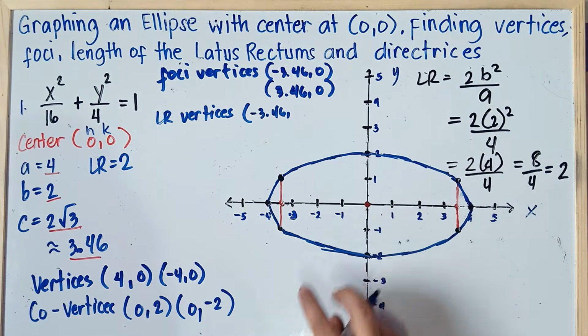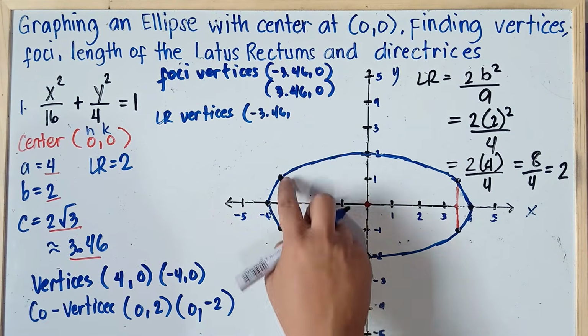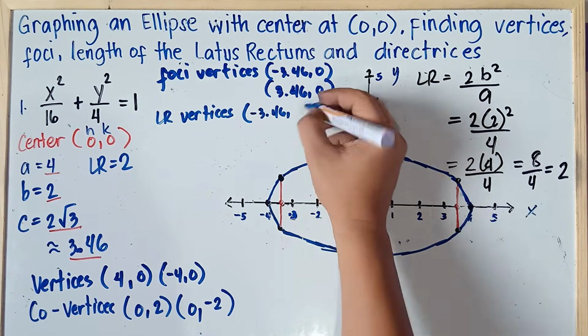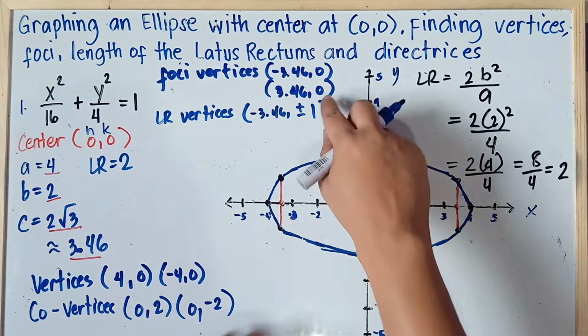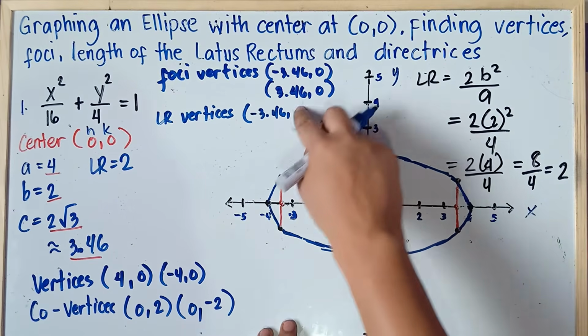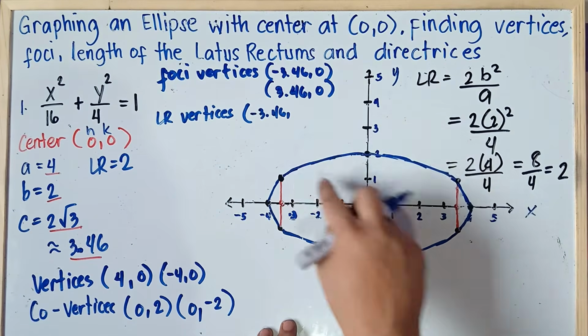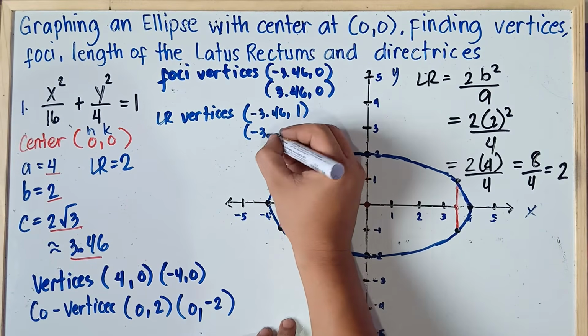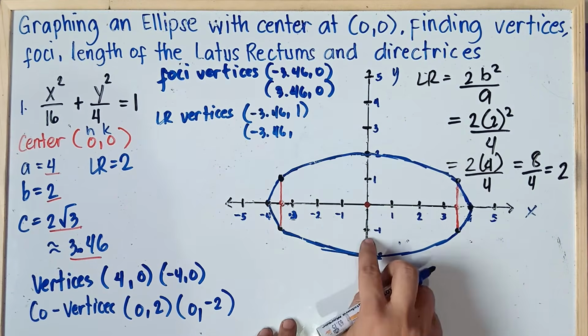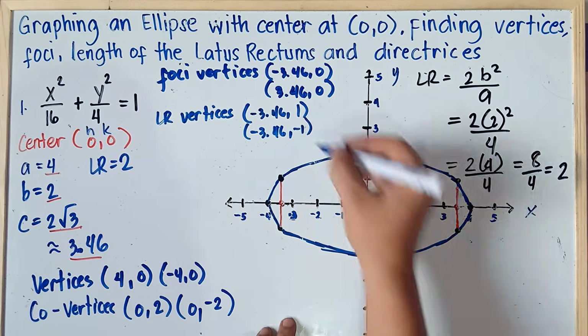Since we don't have enough space, class, you can just simply write same X, negative 3.46, then positive, negative 1. But if you want individually, we can do it individually. Then positive 1, the other one, negative 3.46, then negative 1 for Y.